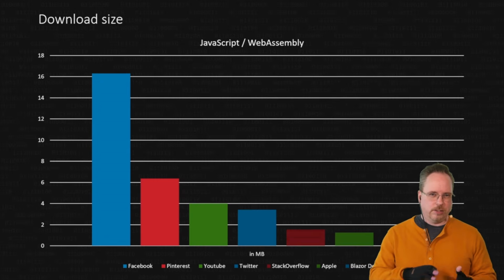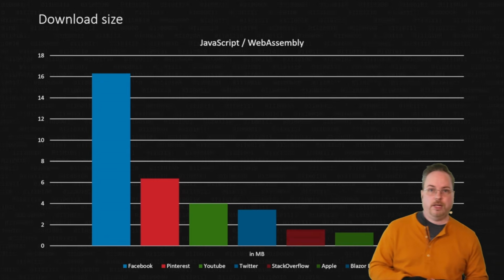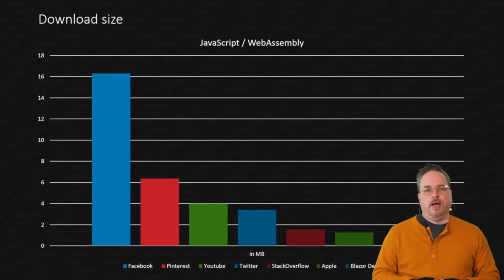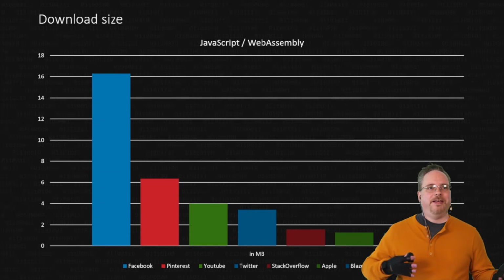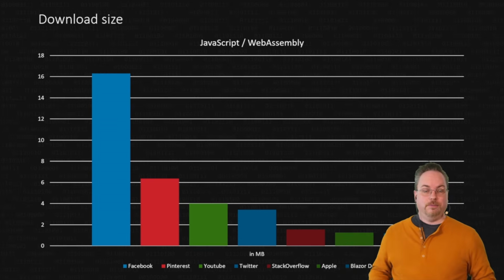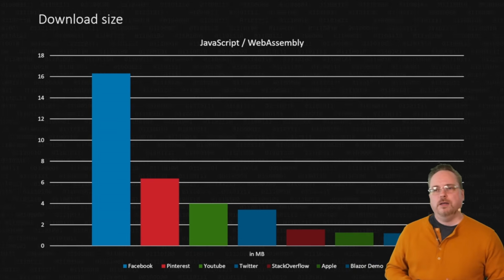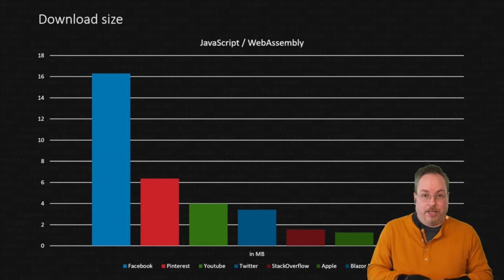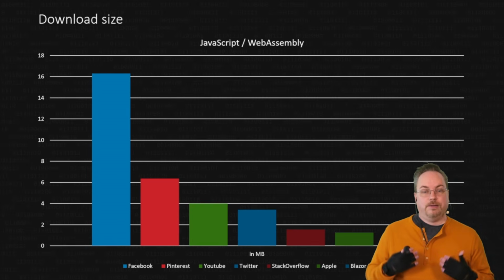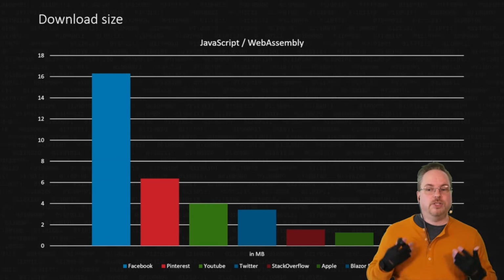I believe it's actually a little bit smaller nowadays. And I'm not comparing Facebook to the Blazor counter, but it's not about the amount of megabytes in most cases. It's really about the perceived speed.